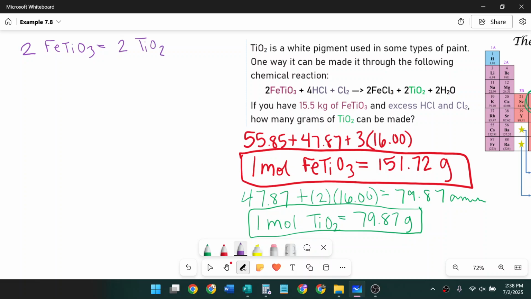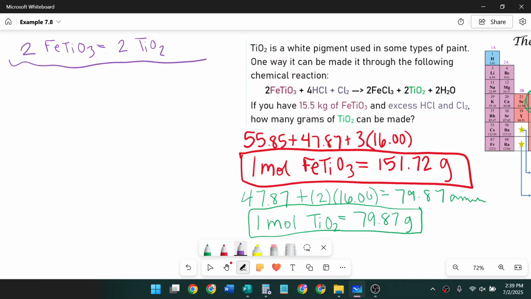That means we use 2 moles of the thing that we have 15.5 kilograms of, and we get 2 moles of the thing that we're actually trying to figure out. So that means however many moles we use of one is the same number of moles we get of the other. So I'm not going to do a conversion relationship, I'm not going to do the little equation thing where I convert it, because I know the numbers are going to be the same. All right, so let's get started.